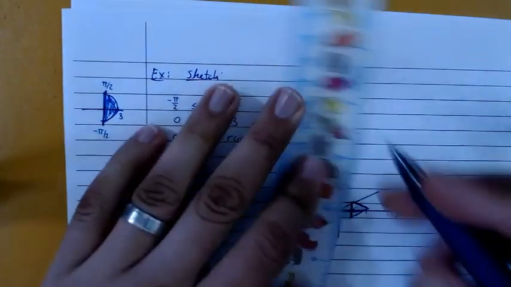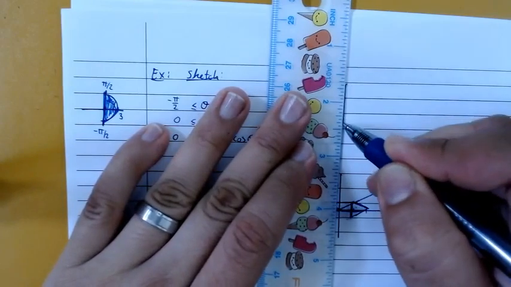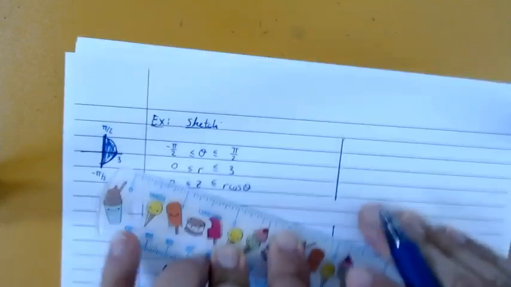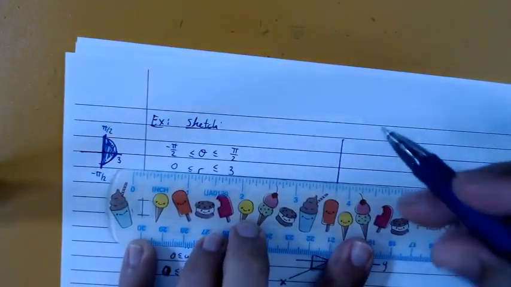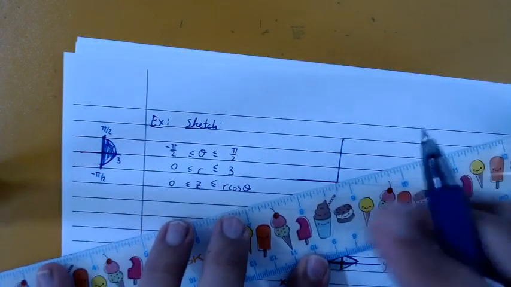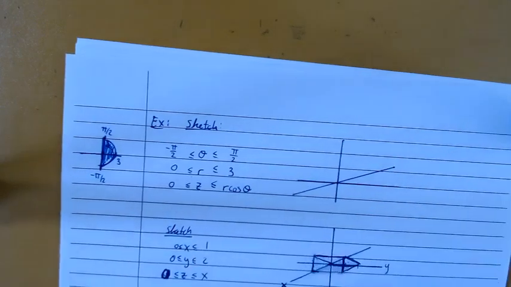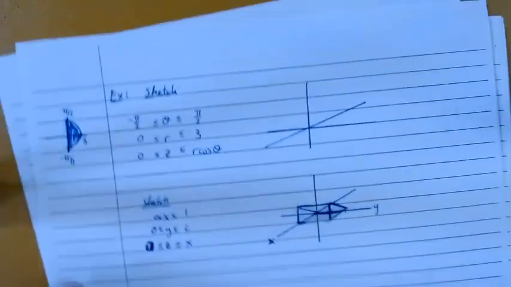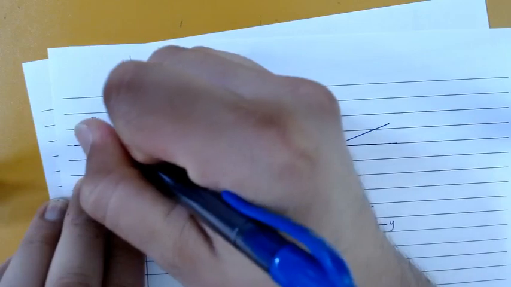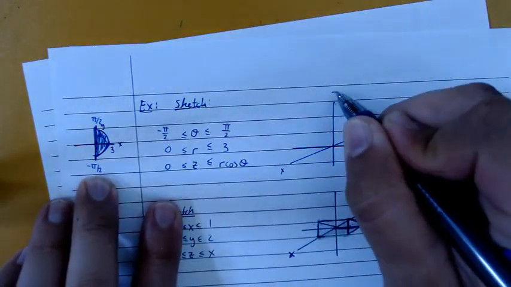Okay, so on this plane, you can think of this as being like your x and this is like being your y. Now here's your x and here's your y and here's your z.